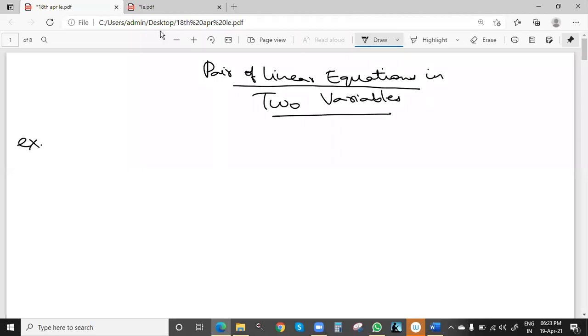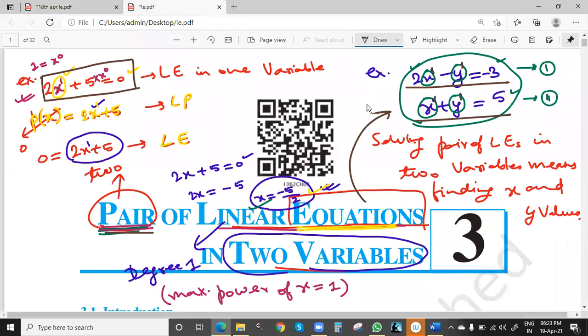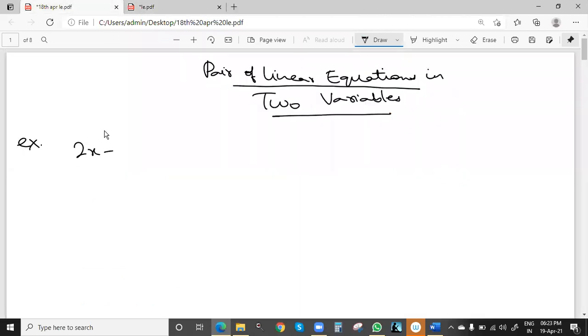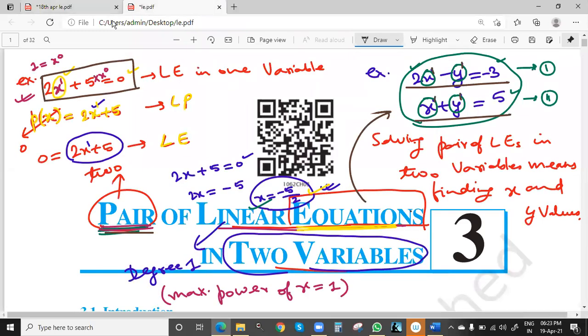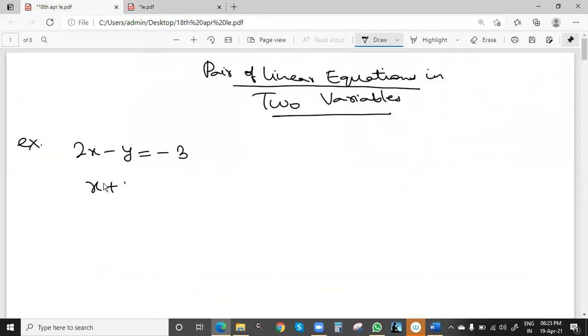Suppose the example is here, the same example, 2x minus y equal to minus 3 and x plus y equal to 5. Solving this pair of linear equations means finding the values of x and y.